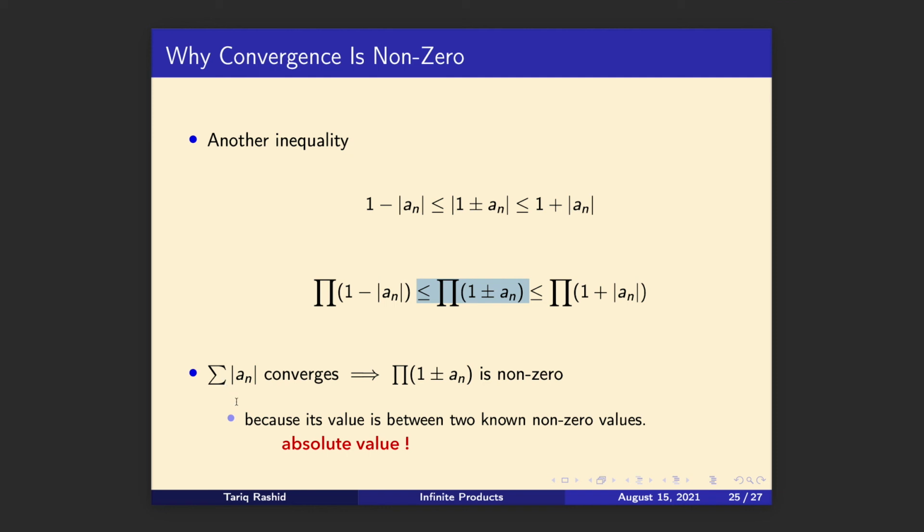That's why we can say if this converges, then the product converges and is non-zero. Phew, that took me a while to establish and prove to myself, and I hope that's useful. And it's useful because we can then say, if those convergence criteria tell us that something converges, we know the product converges to a non-zero value. That's the important thing.